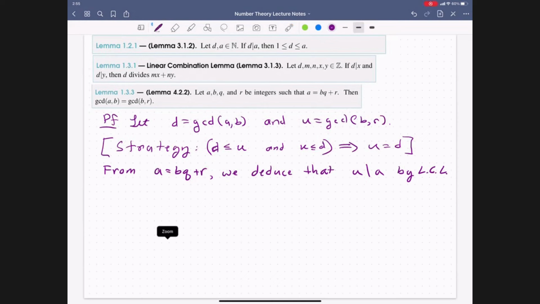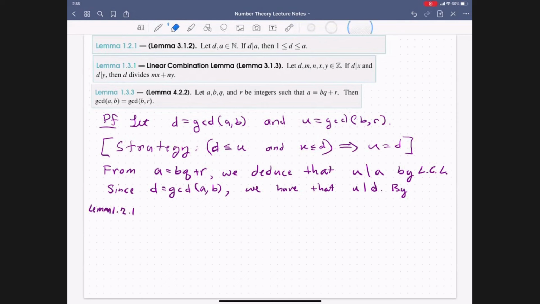But now we use the following. Since D is the greatest common divisor of A and B, we have that U has to divide D. And then by Lemma 1.2.1, we get U is less than or equal to D. And so that gives us one part of the strategy.